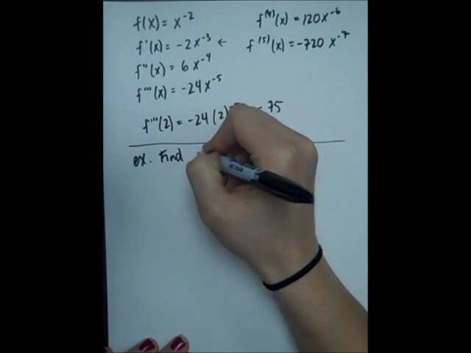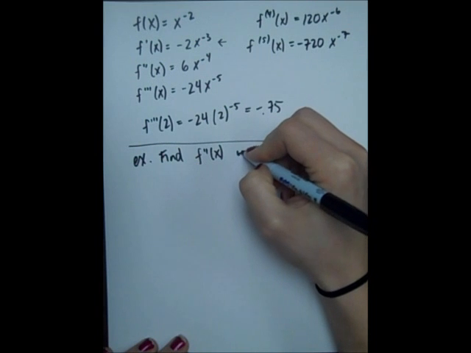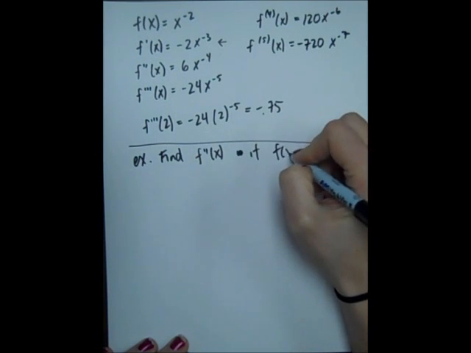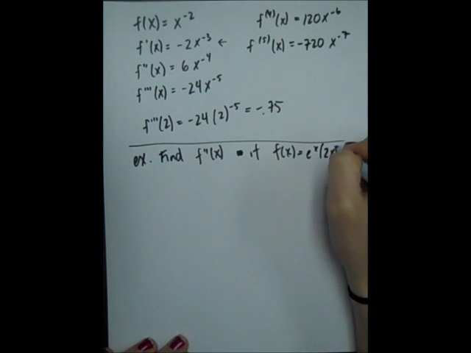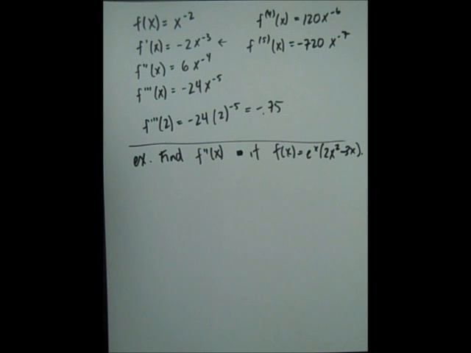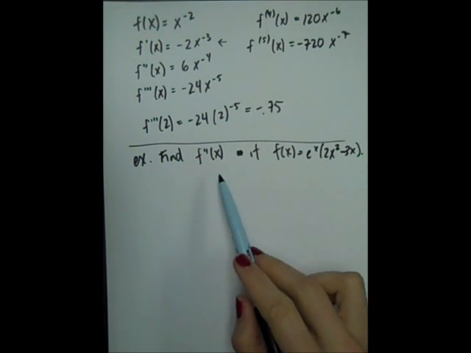Let's find f double prime of x if f of x is e to the x times 2x squared minus 3x. Okay, well to find f double prime, I'm first going to have to find just f prime.